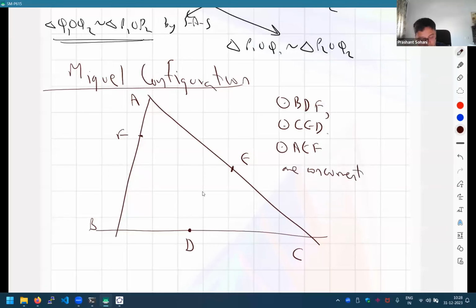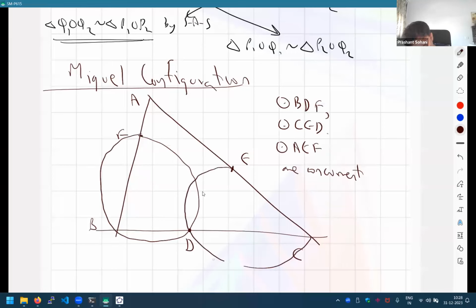That if I consider this circle BDF and CDE, that is very straightforward angle chasing.